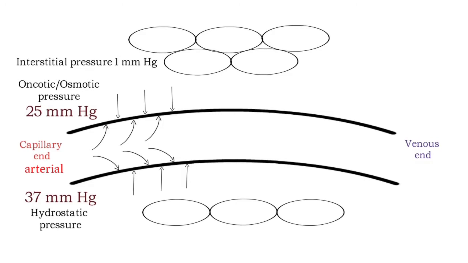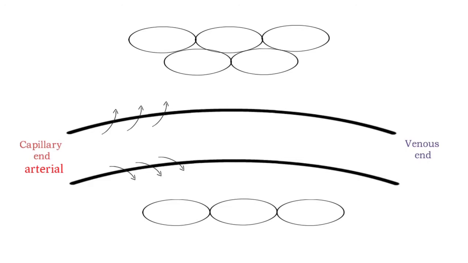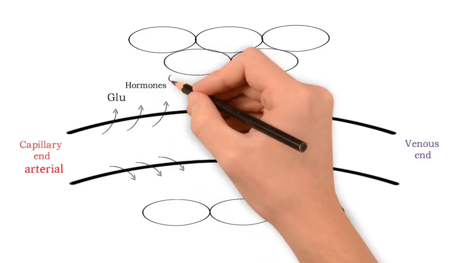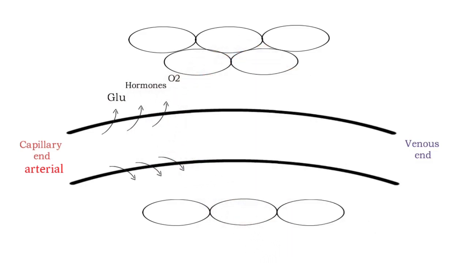So the net pressure of 11 mm of mercury drives fluids out into the interstitial space, and with that glucose, hormones, oxygen, etc. reach the tissue.